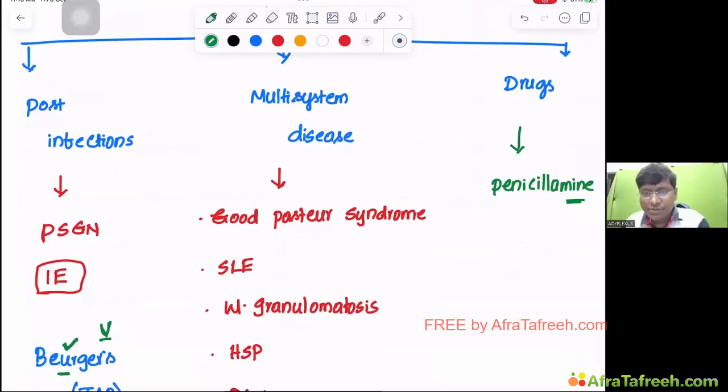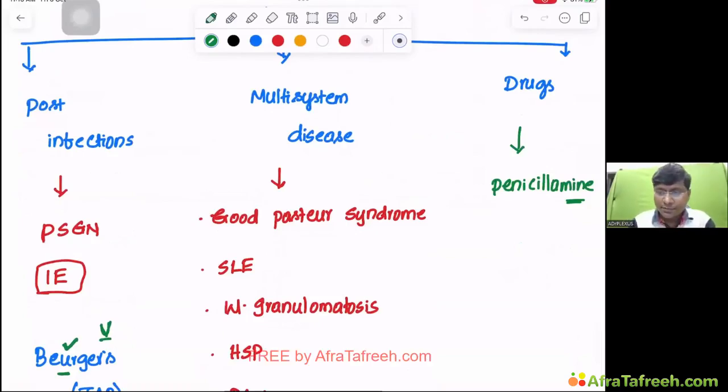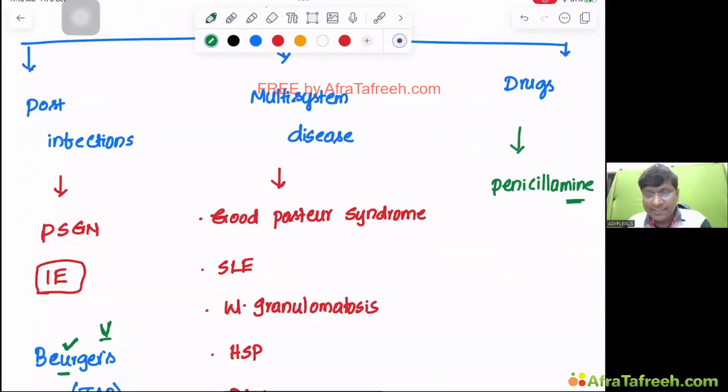That will be membranous glomerulonephritis, because we have discussed many drugs like gold salts, penicillamine, captopril, NSAIDs, probenecid, trimethadione. These are all the ones which will cause membranous glomerulonephritis.